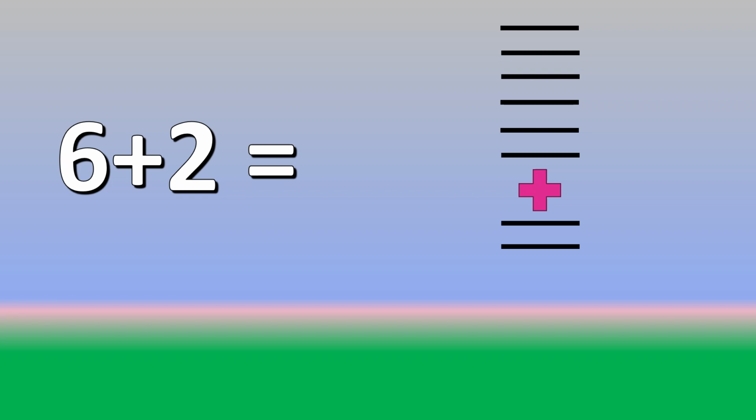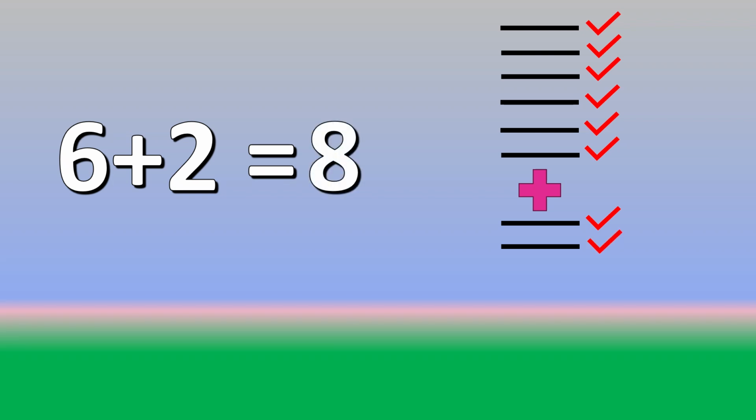Let's count. 1, 2, 3, 4, 5, 6, 7, 8. 8 lines are there. 6 plus 2 equals to 8.